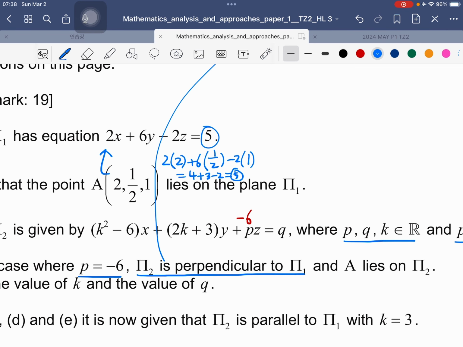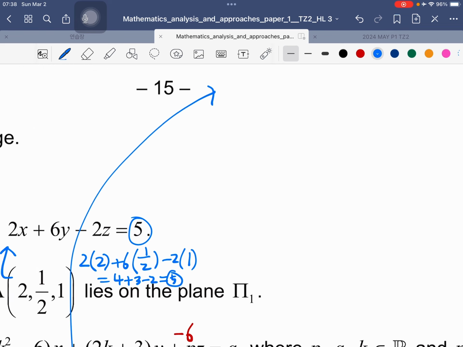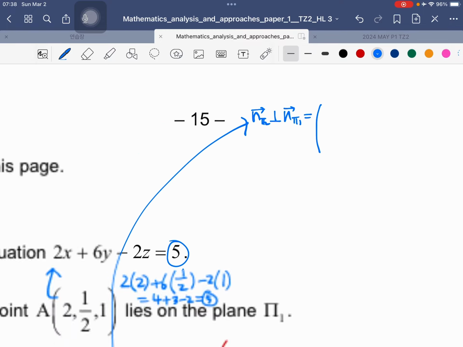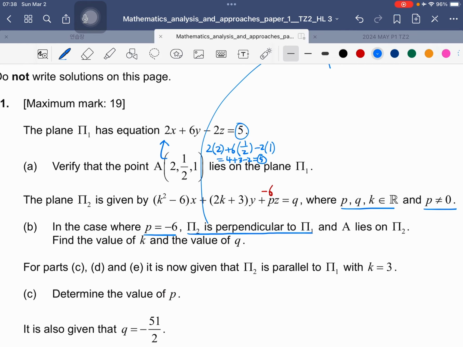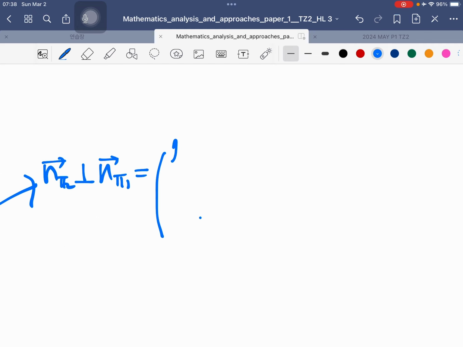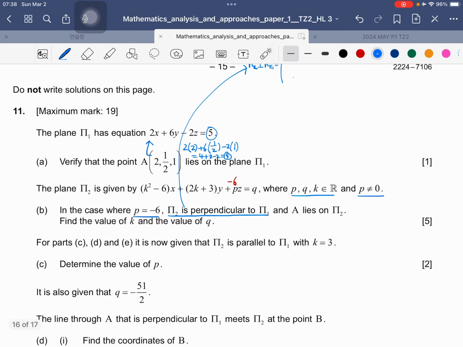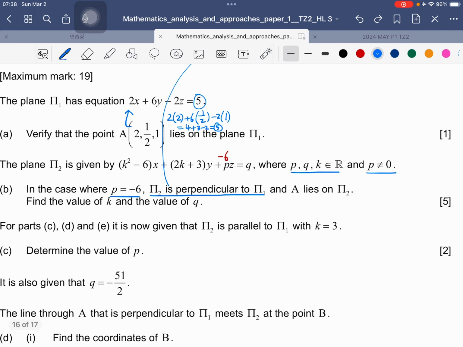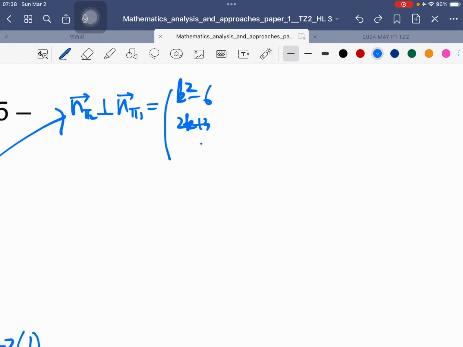So the normal vector of pi 2 is perpendicular to the normal vector of pi 1. The pi 2 normal vector is over here: k squared minus 6, 2k plus 3, and the third one is negative 6.